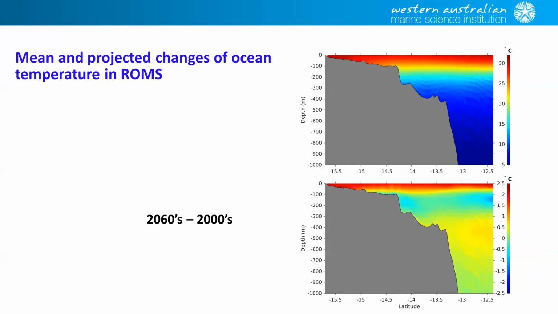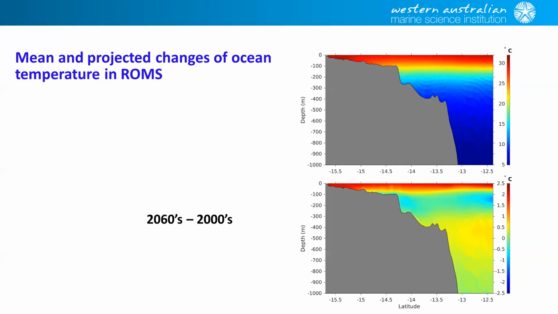So this is a transect from inshore of the Kimberley coast to the open ocean region. This is the mean temperature distribution. You can see the surface is 30 degrees, and it's cooling. There's a thermocline here, and as Matt mentioned, in the nearshore area it's not stratified. There's strong tidal mixing. But in the future climate, this is the future minus the present.